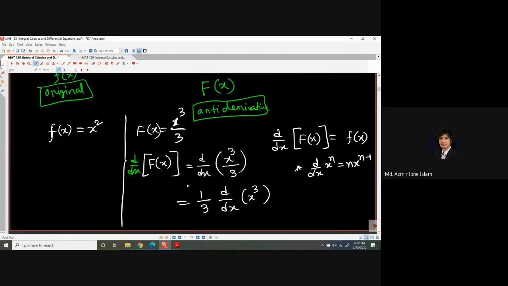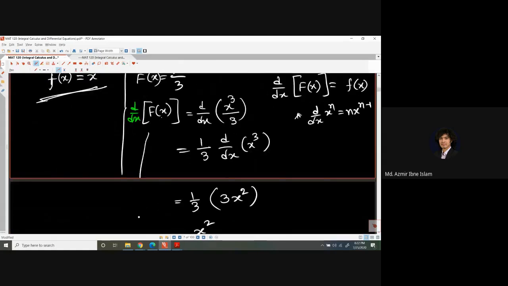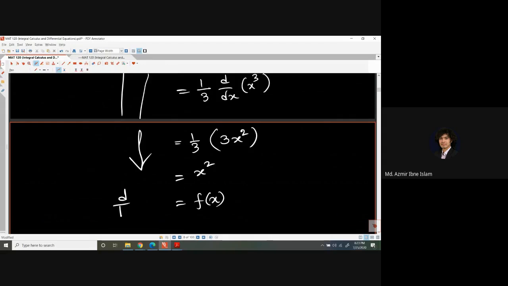Now have a look here: x squared is our main function, so that means it is f(x). So from the left side we are getting d/dx of F(x) is equal to small f(x). That means we are able to verify this relation.